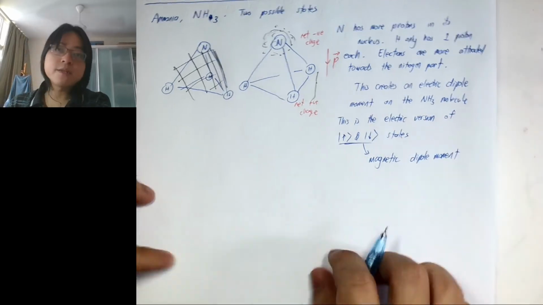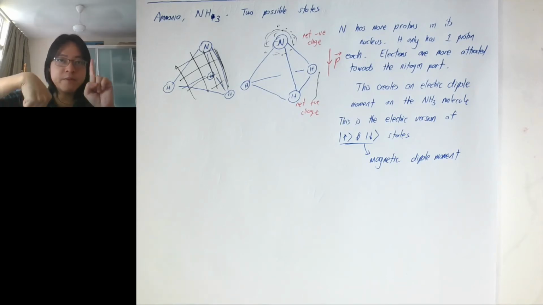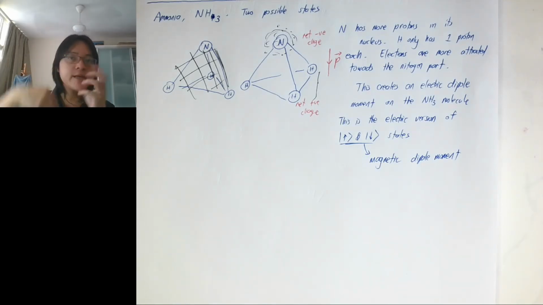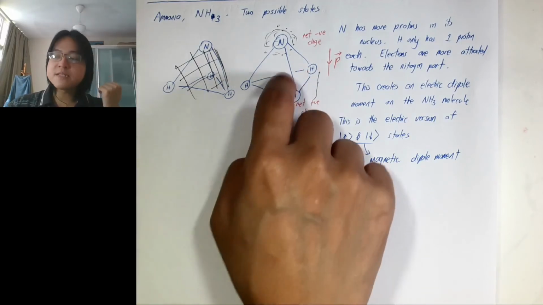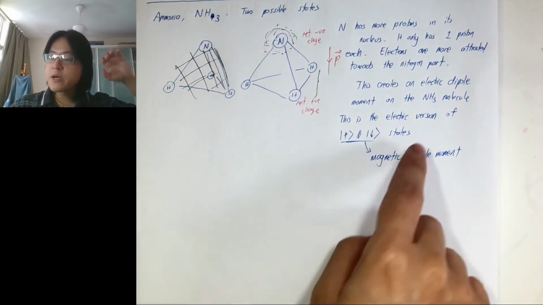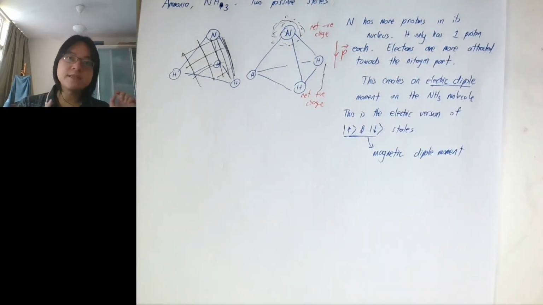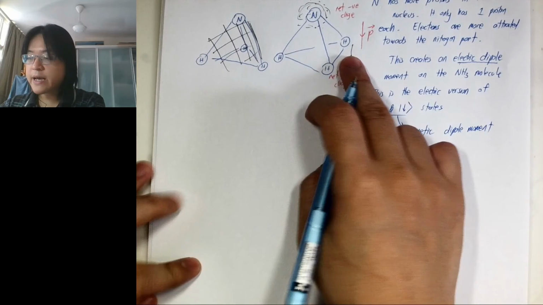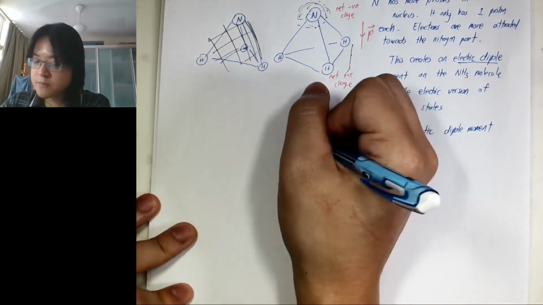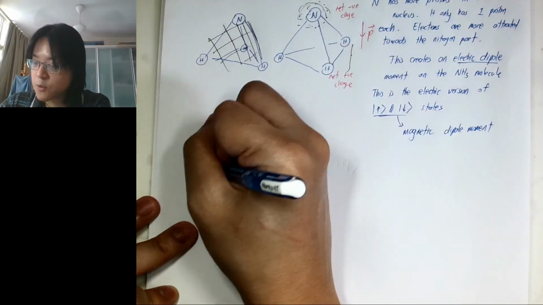When we were talking about the Stern-Gerlach experiment, the silver atoms can have spin up or spin down. That was when we were studying the magnetic dipole moment. But for the ammonia molecule, this is because of the electric charges, so we have the electric dipole moment. So there are also two possible states, up or down. That means I have two possible states of the nitrogen atom. Let me call this state number 1.